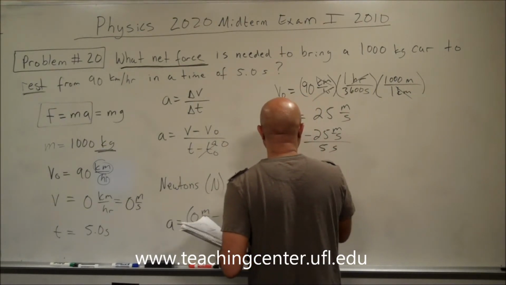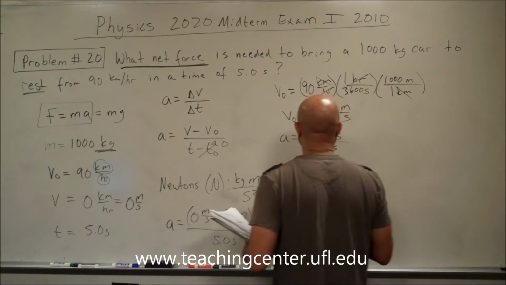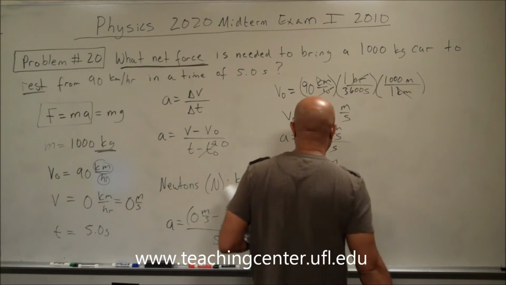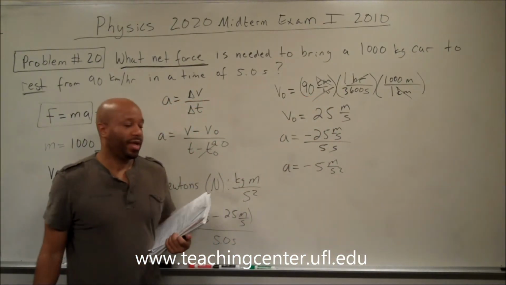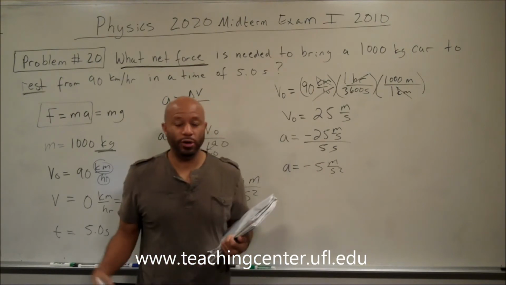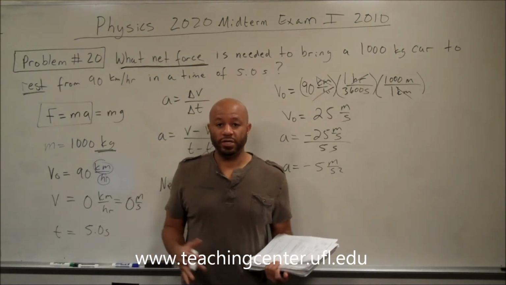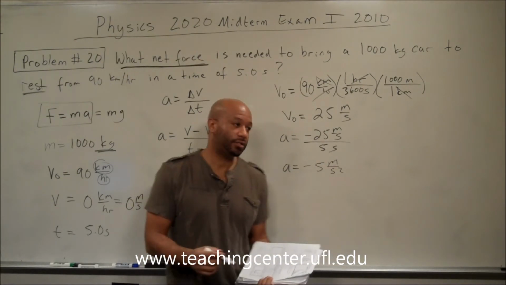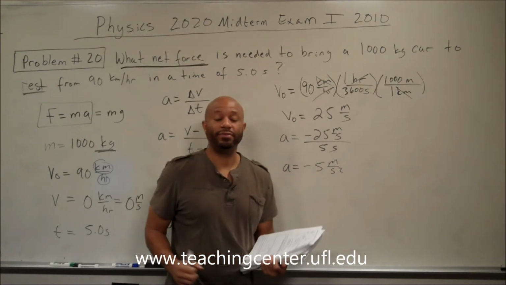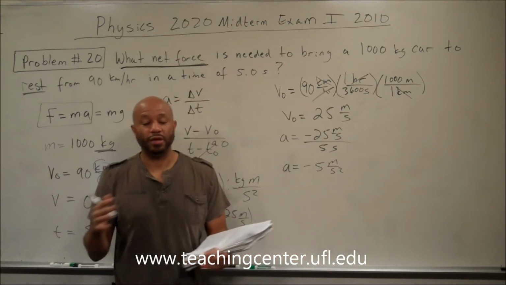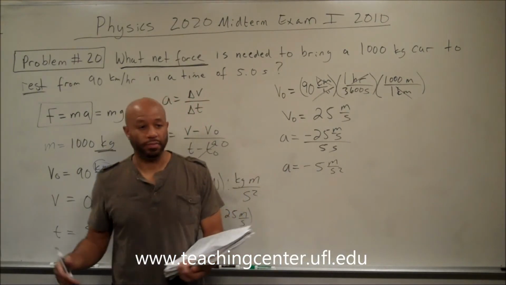So acceleration is going to be minus 5 meters per second squared. You'll see that it's negative because, as I said earlier, the acceleration is actually a deceleration. We're slowing the car down, so that indicates that the object is slowing down rather than speeding up.